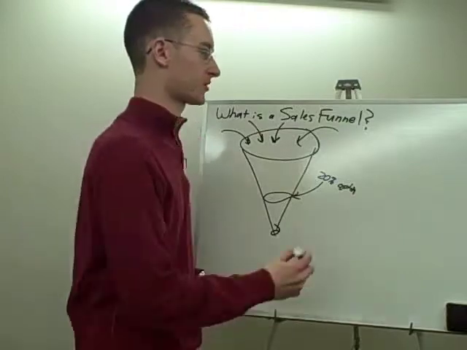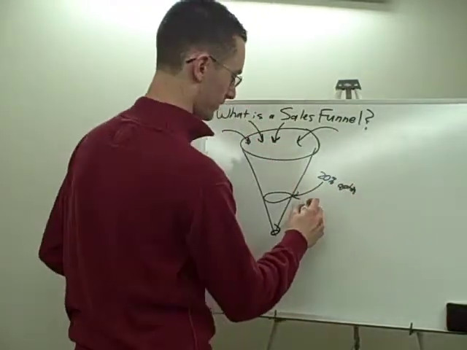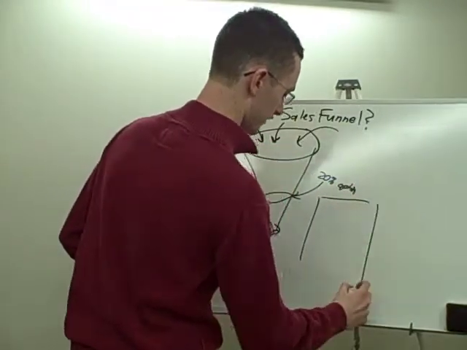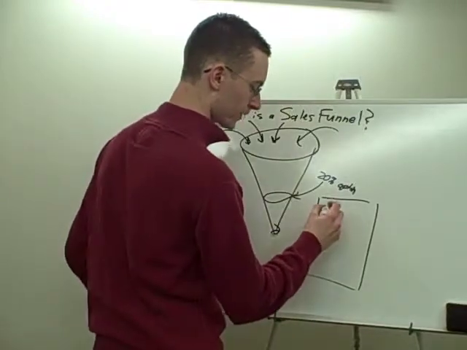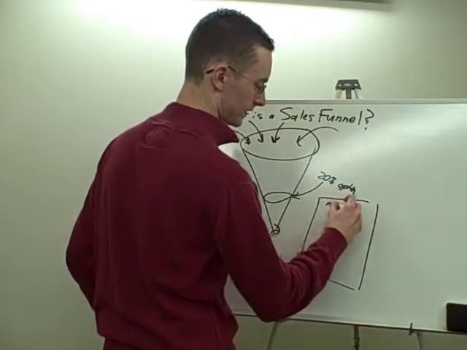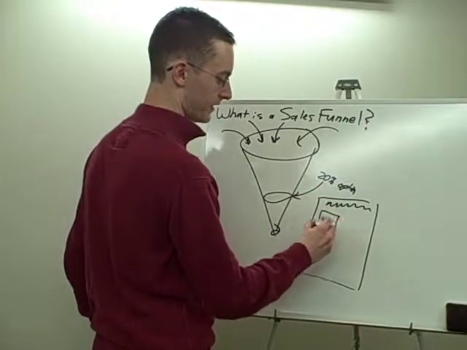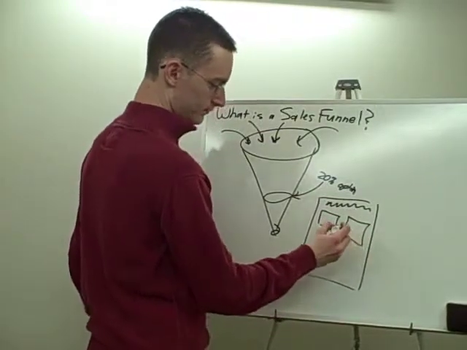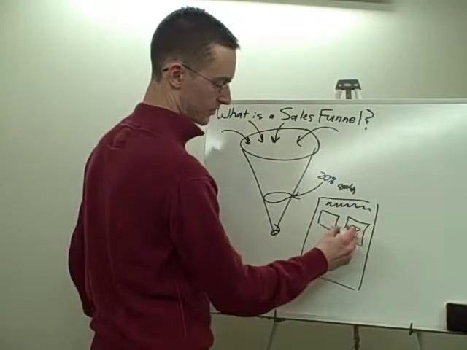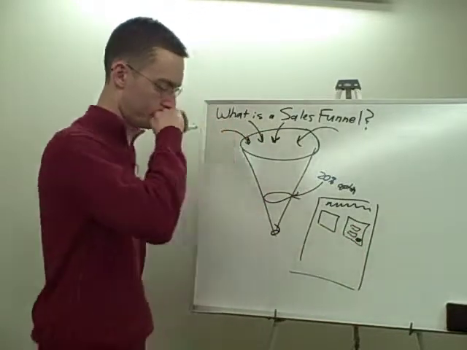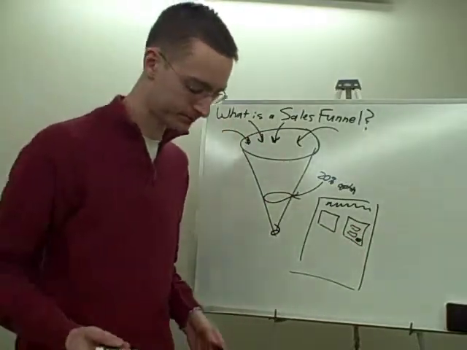Now, what is a capture page? If you've got a website, this is your website page. Like you saw on my website, there's probably a headline up here, there's a video, and then there was a form over here. The form said, fill out your name, fill out your email, and hit this little button over here, and we'll get you more information.